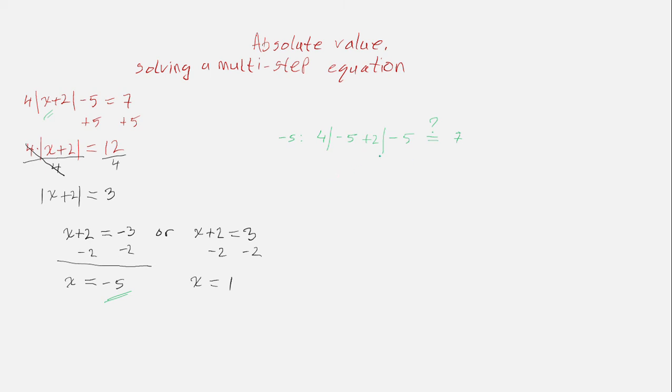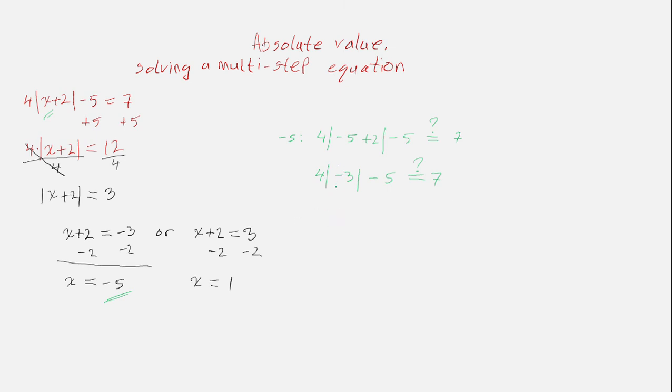So negative 5 plus 2, that will be negative 3. And we still have minus 5 equal to... you see what I'm doing here? I'm not moving anything to the other side. So I want to just simplify this left-hand side until it either looks the same as the right-hand side or looks different, right?